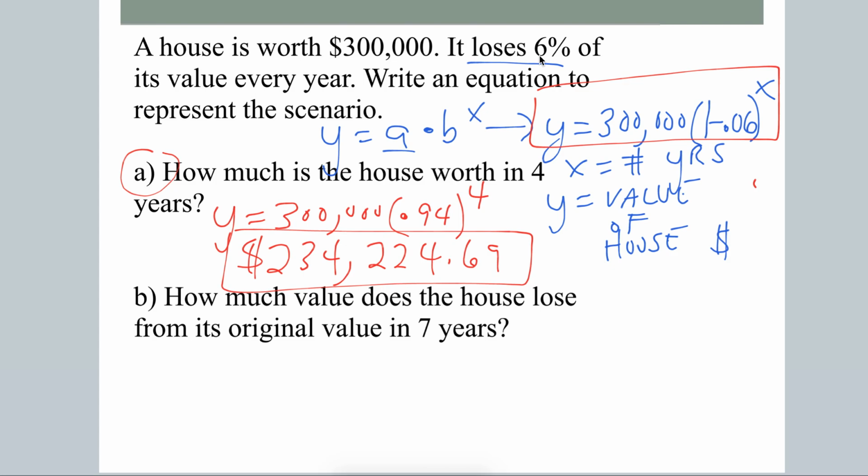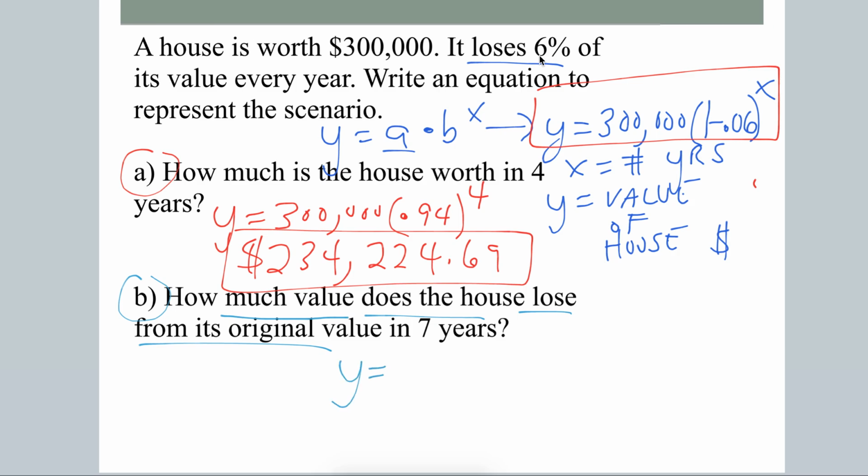So let's try part B. It says, how much value does the house lose from its original value in 7 years? So notice a little bit different what it's asking. How much value does the house lose from its original value in 7 years?